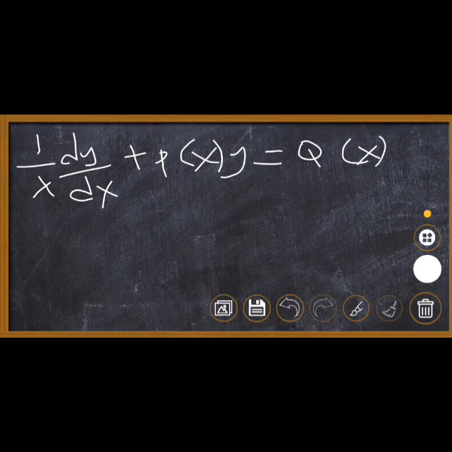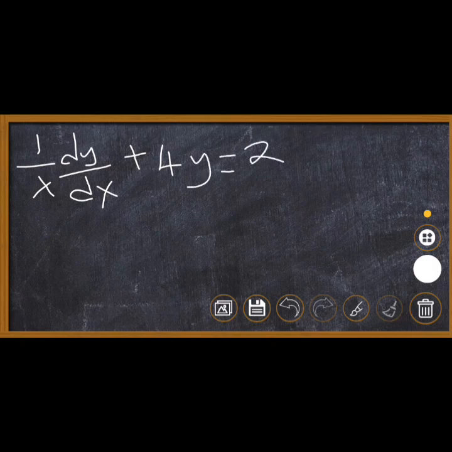Oh no, I've just written the original expression instead of the given question. So in the given question we had 4y equated to 2. So the best way we can do it is simply by multiplying everything here with x. So let's do that. Here we multiply everything with x.